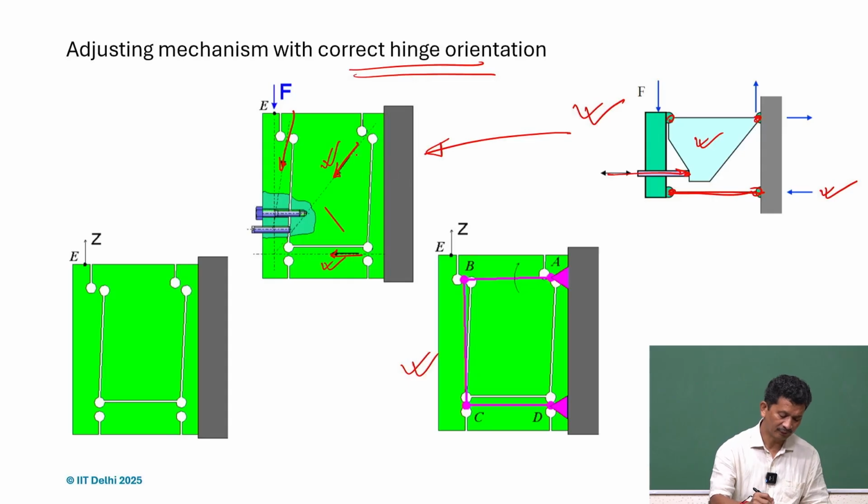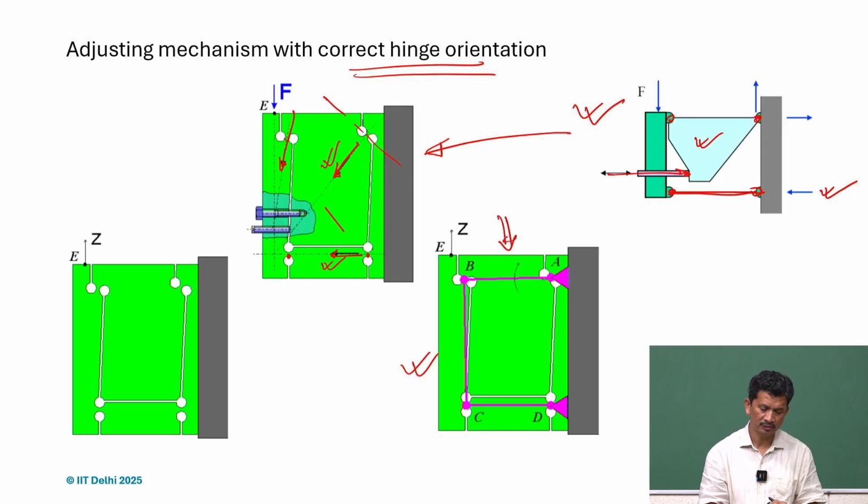And once we know the forces, we know the hinge location, so we place it there. So the hinge location is known, right, from here. So from this figure, we know the hinge locations. But since the force directions are known, we can just put a perpendicular line along that hinge, and then we can create the hole around that.